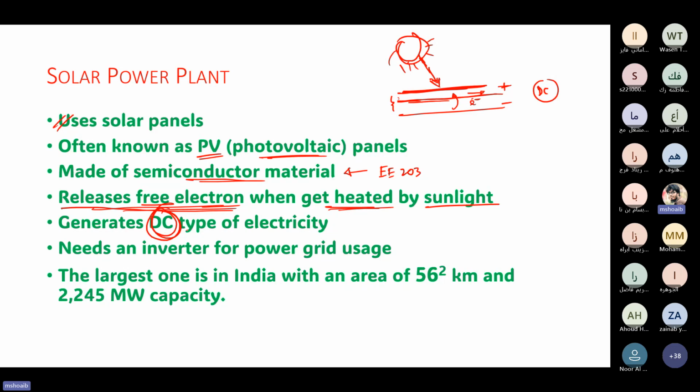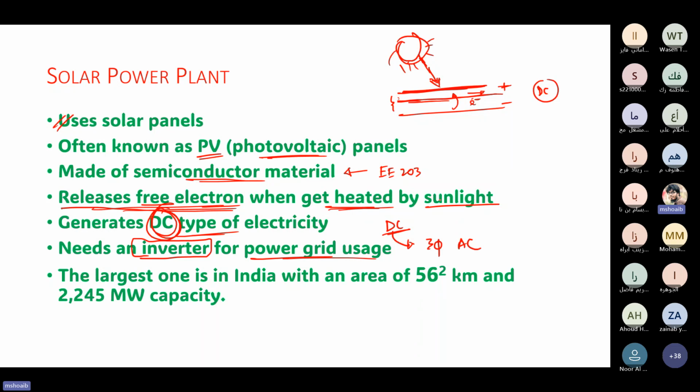This DC cannot be used in the national grid or the power grid, because your power grid is 3-phase AC, isn't it? So what you have to do is use an inverter to convert from DC to AC, remember. This conversion from DC to AC is needed if you want to use it in the national grid or in the power system of the country.